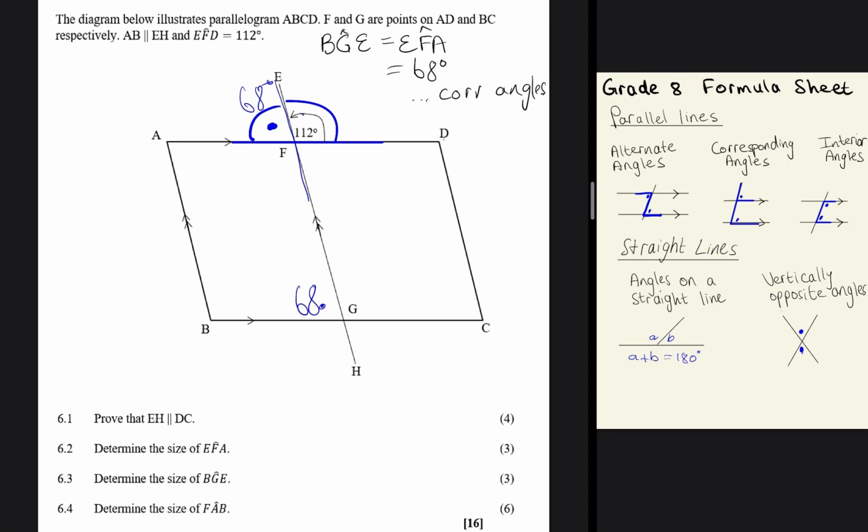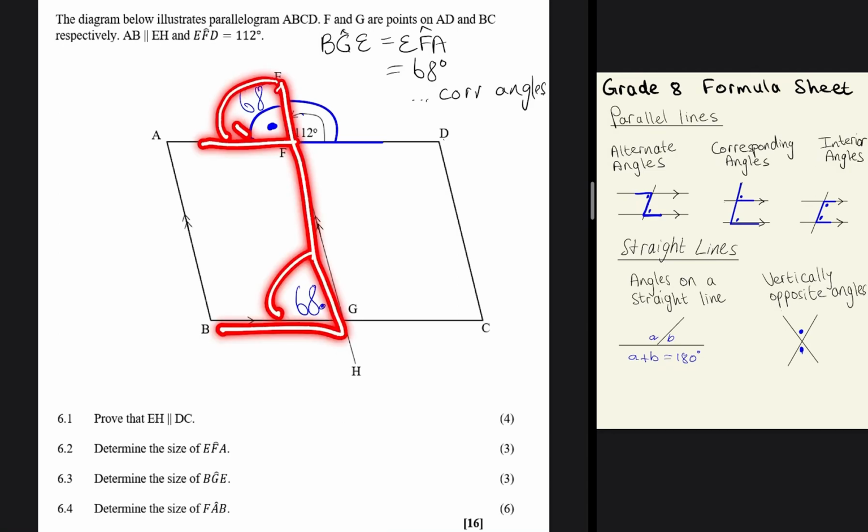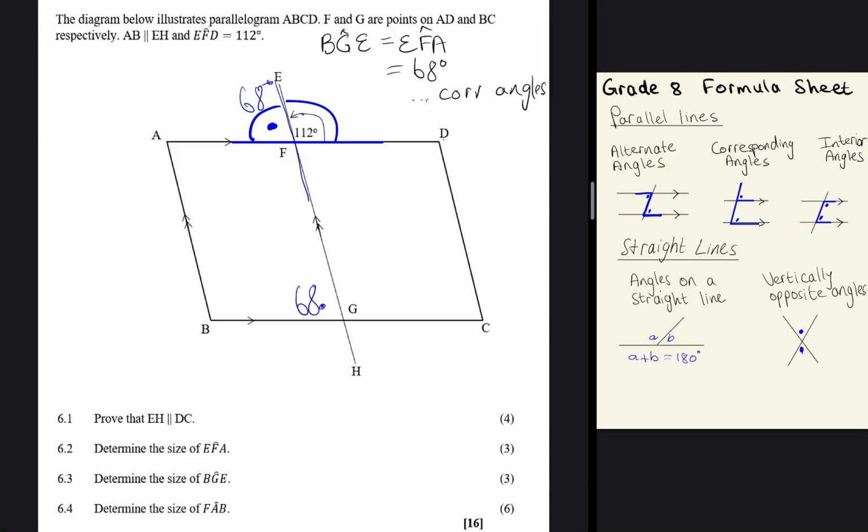But now, very important, you have to highlight what lines are parallel. I'm just going to draw the F again. So there's the F, that's the two angles. And this line here, AD, is parallel to line BC. Then you have to write it down: line AD is parallel to line BC. Again, the reason is very important.